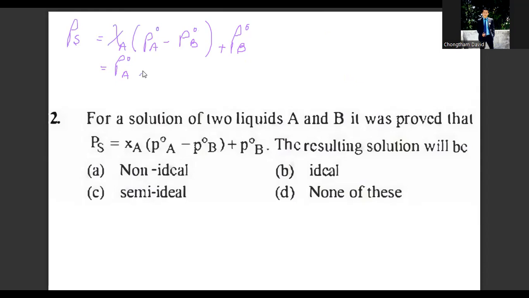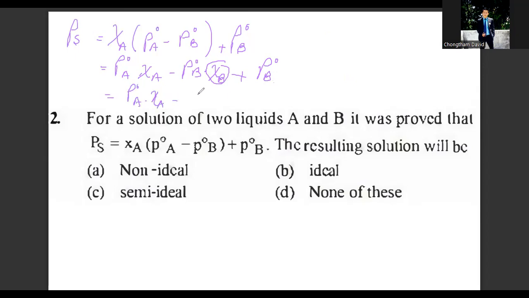It gives P naught A times mole fraction of A. You know, mole fraction is the fraction of the moles present in the solution. Multiply P naught B with mole fraction of B, plus the partial pressure of the solute B in the pure state. Further, you can simplify this because the sum of the mole fractions in the solution is always equal to 1.